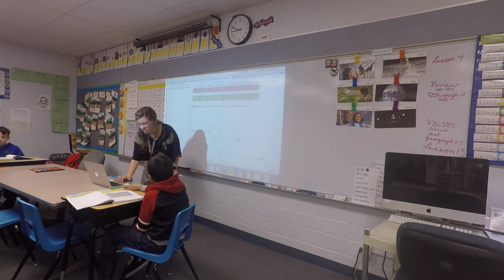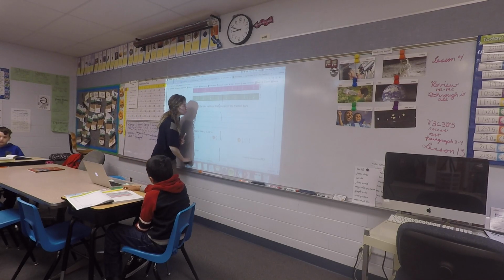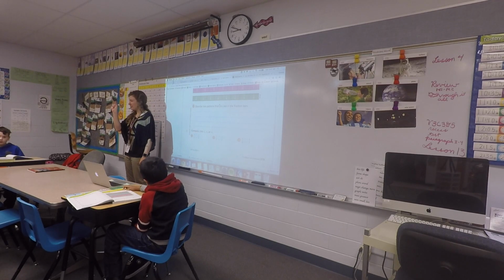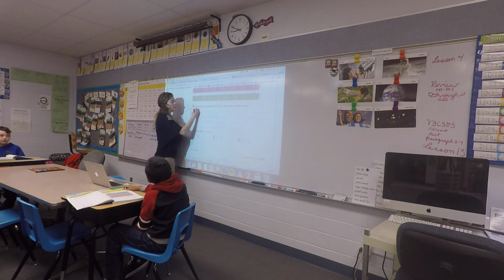So here's the art question. Describe 2 patterns that you notice. The first pattern that I think is pretty important: as the denominator gets bigger, the boxes actually get smaller. You can copy my answer if you'd like.